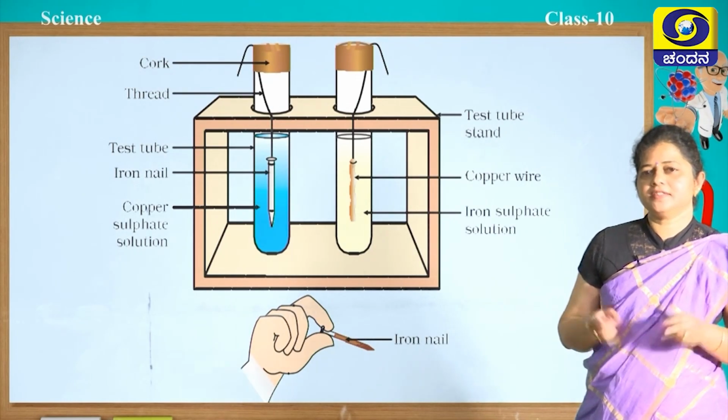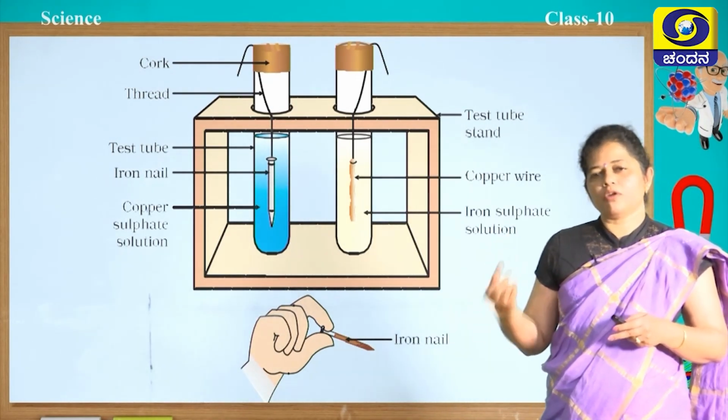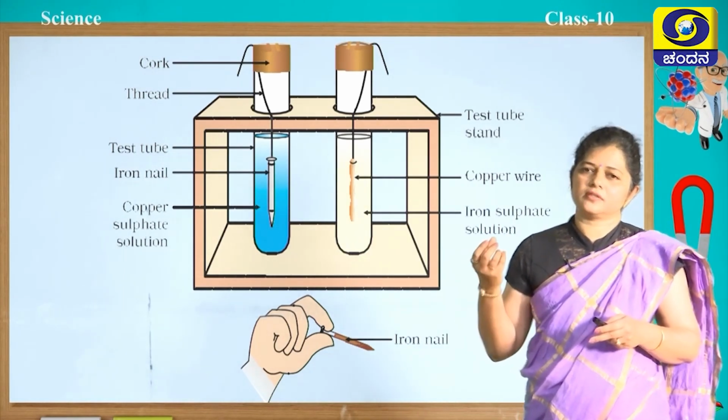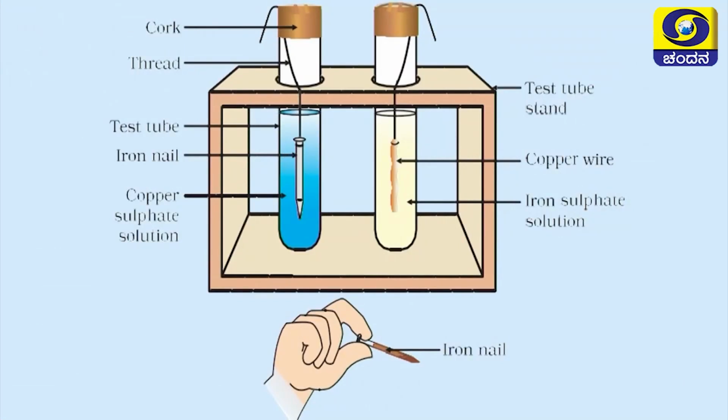Now, you can see here, this is an experimental setup where you take the iron nail in a copper sulphate solution. In a test tube, the copper sulphate solution is taken, into which you introduce the iron nail. After some time you can observe that the blue copper sulphate solution has turned green in color and the iron nail is coated with copper. And in another test tube, you take copper wire and iron sulphate solution.